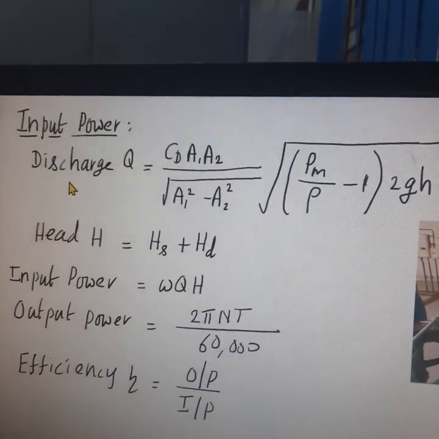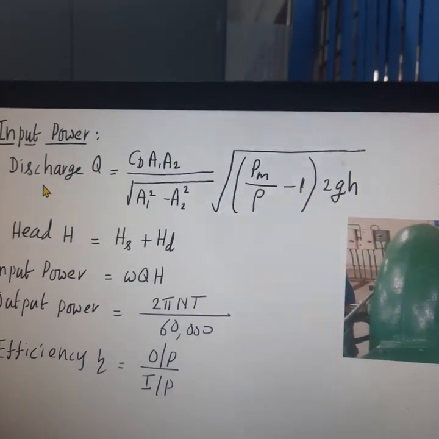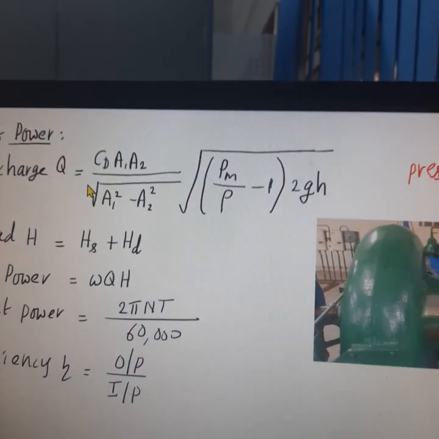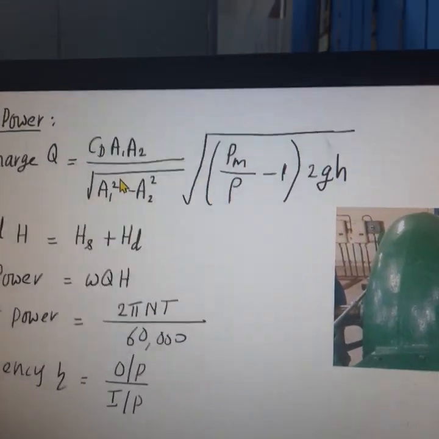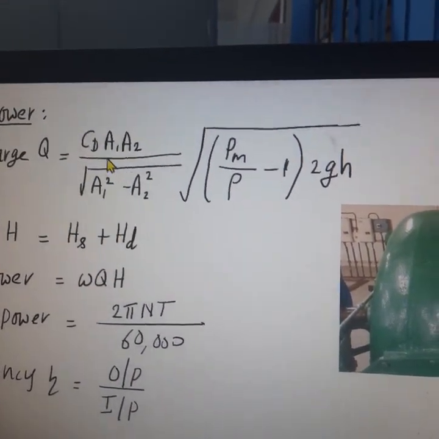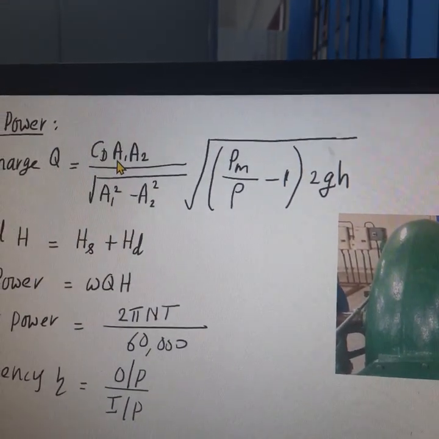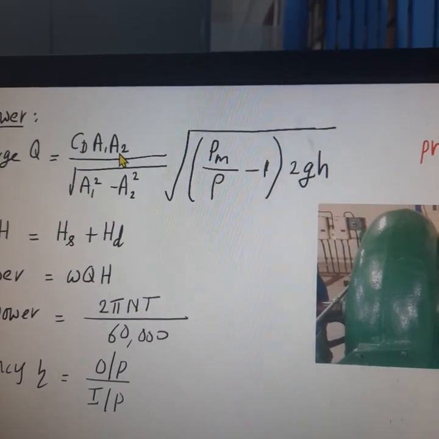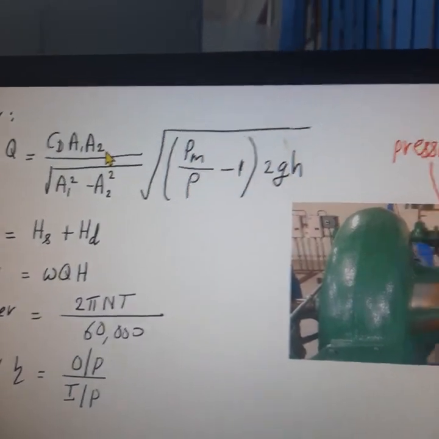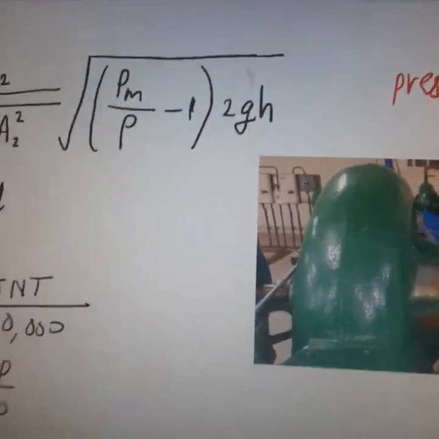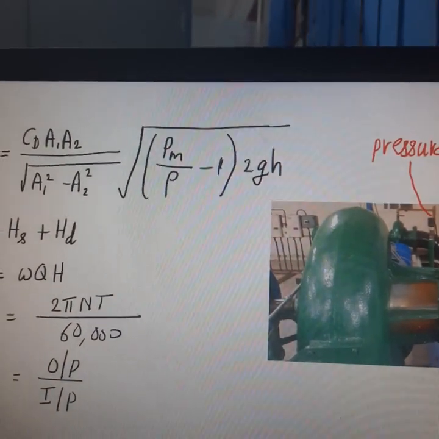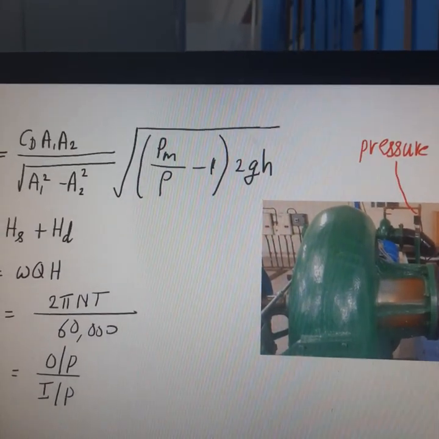The discharge is found out using this formula. Since we use an orifice meter for determining the discharge, A1 refers to the area of the pipeline in which the orifice meter is placed, and A2 is the area of the opening of the orifice meter, and a manometer is used to determine the pressure difference between the two sections of the orifice meter.